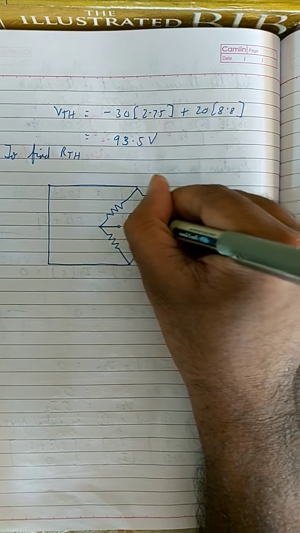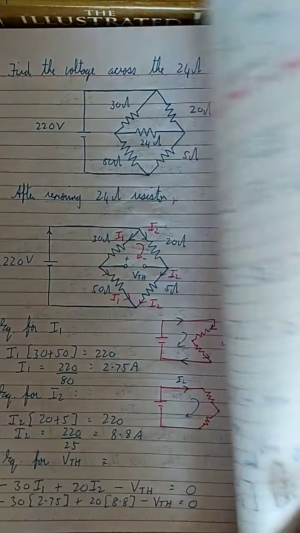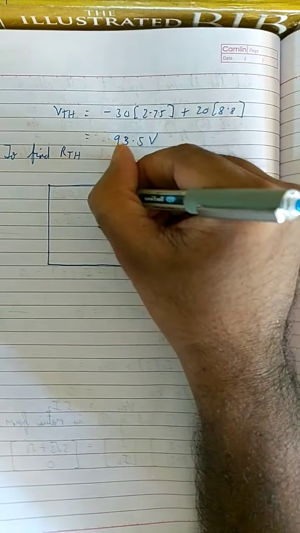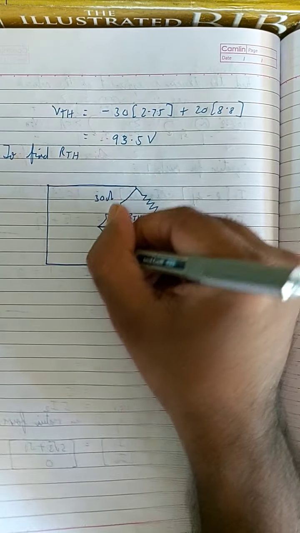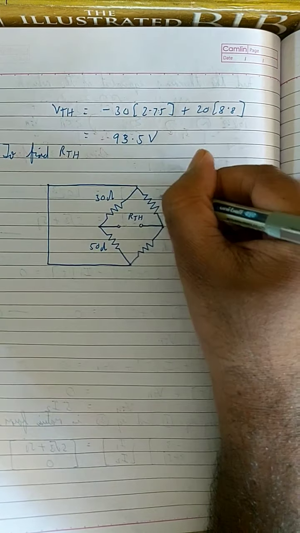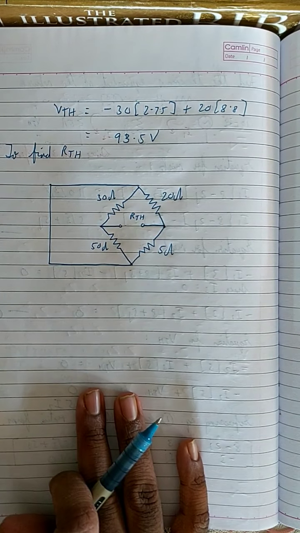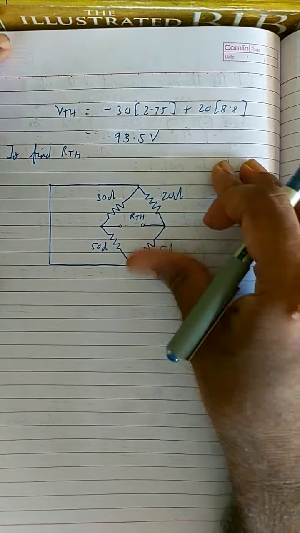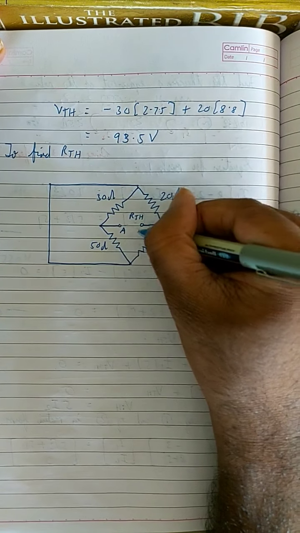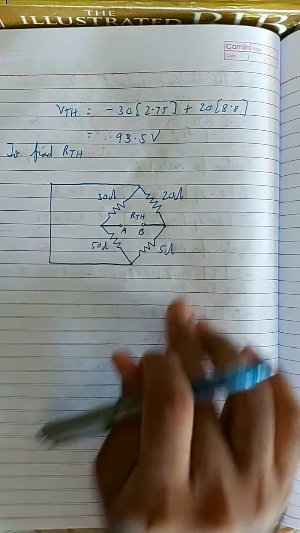So this is RTH. This is the 30 ohm, 50 ohm, 30 ohm, 50 ohm. This is 20 ohm and this is 5 ohm. Okay, so now I'm going to find the equivalent resistance between A and B. That is called the RTH, Thevenin's resistor.